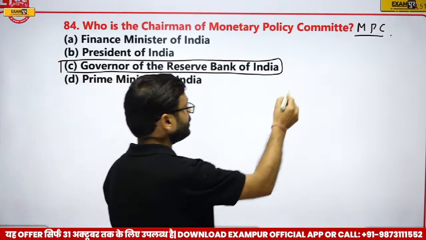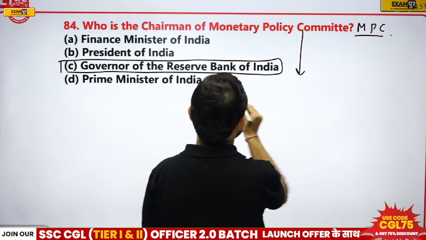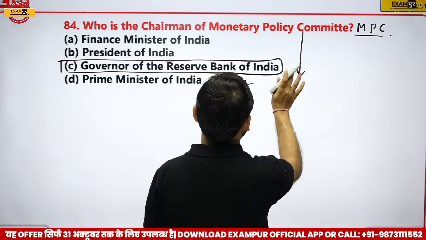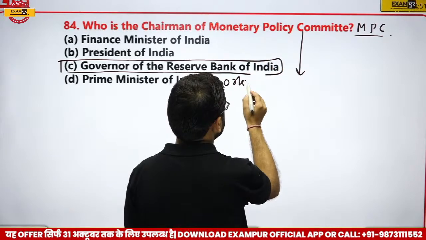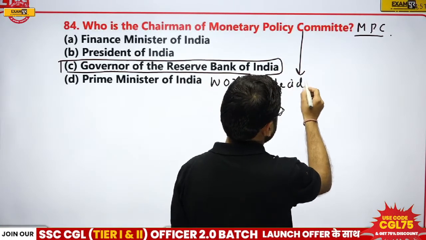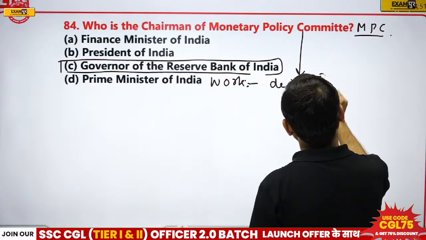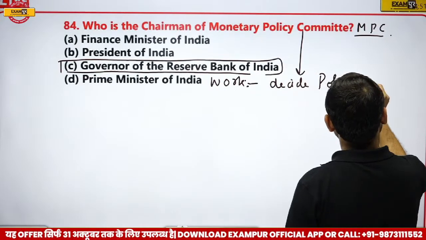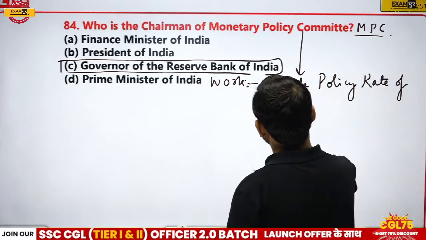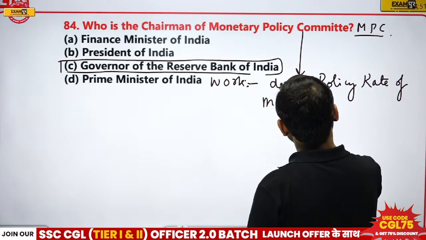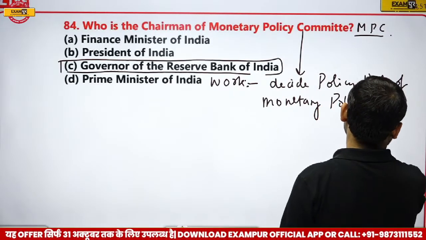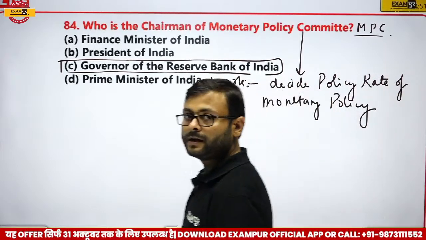So what is the work of MPC? It decides the policy rate of monetary policy. And how many members are there in the MPC?